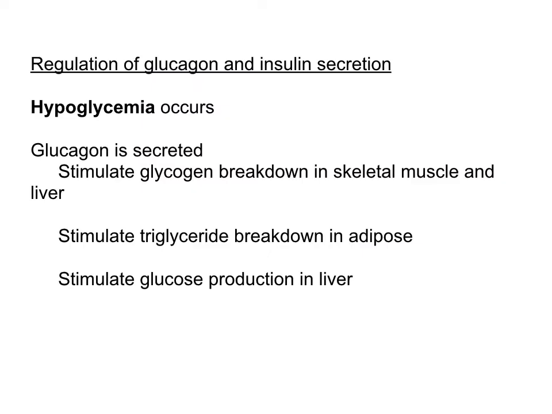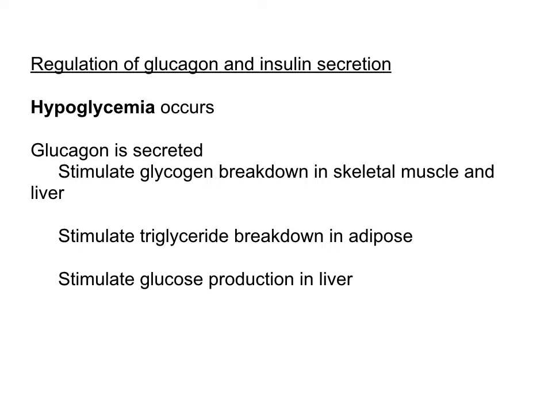So now let's take hypoglycemia. Hypoglycemia is when you have an abnormally low blood glucose, and all of the little cells in your islet are monitoring glucose levels. And when glucose becomes too low, it stimulates your alpha cells to produce glucagon.